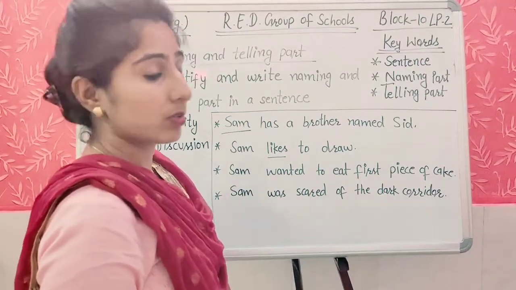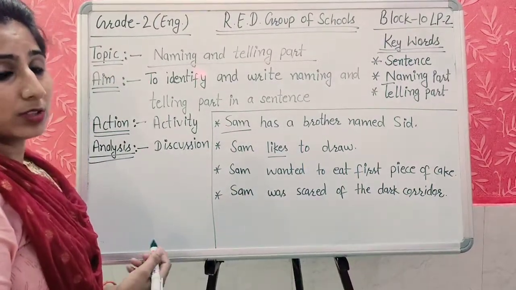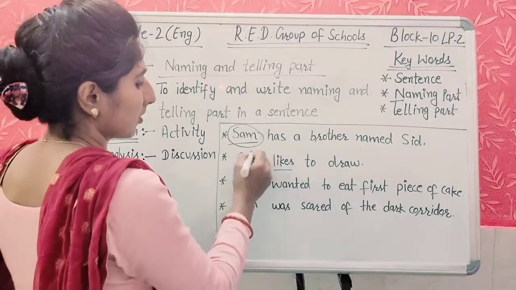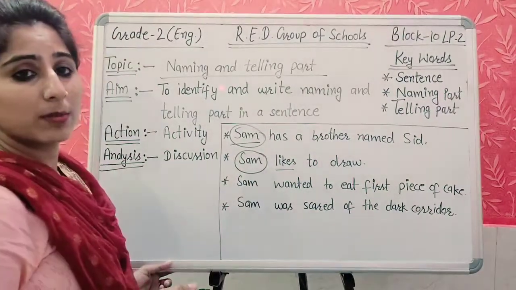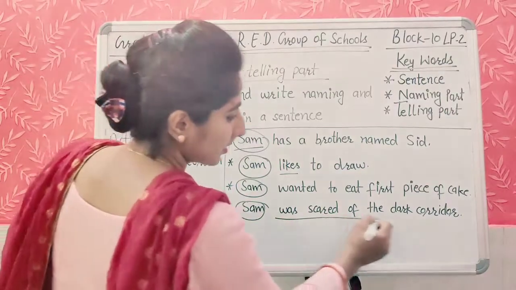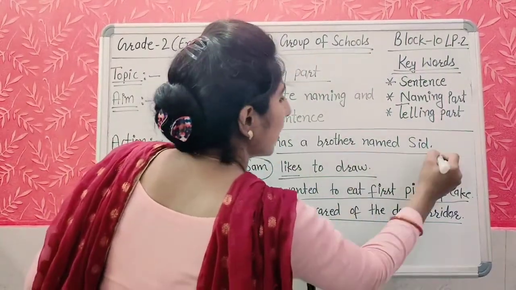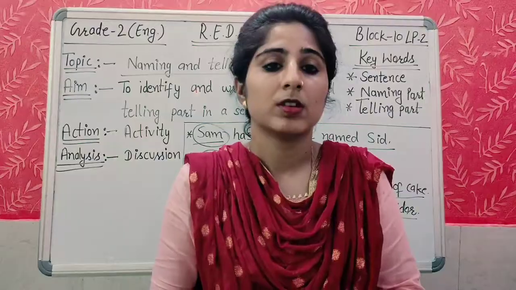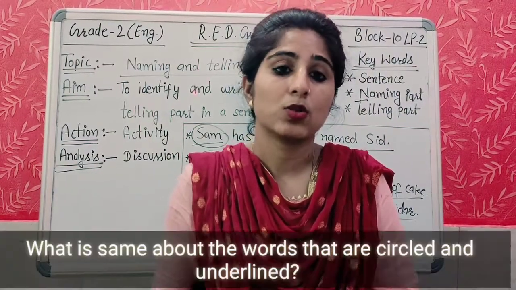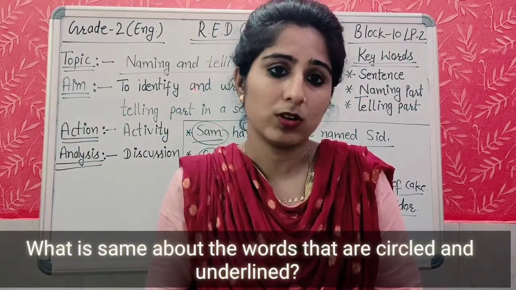Okay, students. Now tell me which are the naming part and which are the telling part in these sentences. As all these sentences are about Sam, Sam is the naming word, and the rest of the sentence is the telling part, as I told you earlier also. Students, my next question is, what is same about the circled and underlined words?